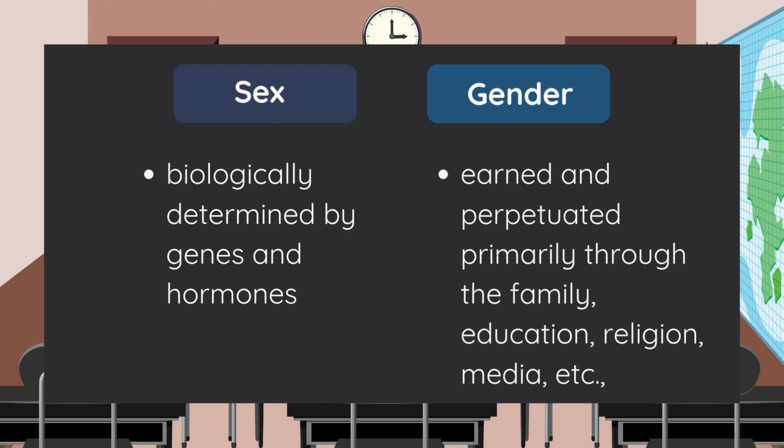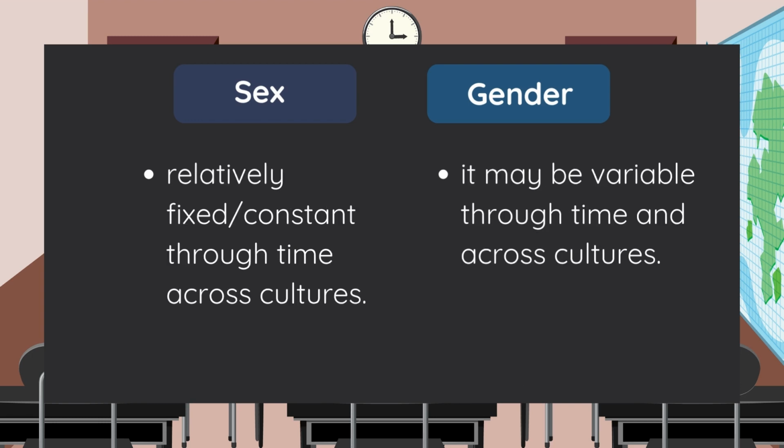Another differentiation is sex is biologically determined by genes and hormones, while gender is learned and perpetuated primarily through the family, education, religion, media, etc. Thus, it is an acquired identity.